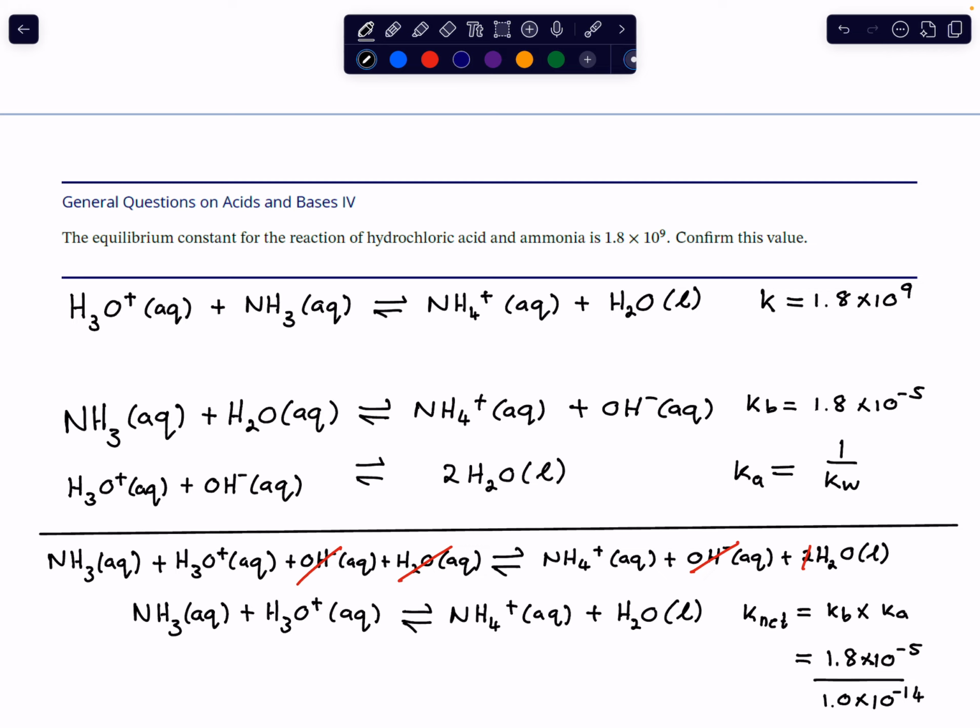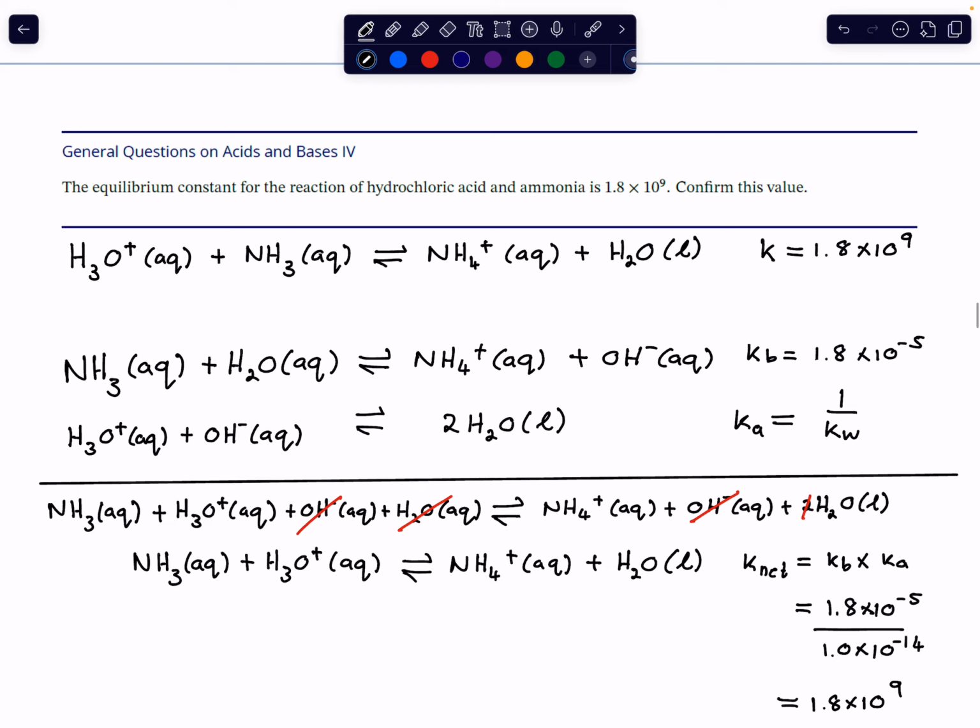So the point here was essentially to show you that you can determine the K value for acid-base reactions using Ka, Kb, and Kw for different reactions, just by manipulating and writing them, trying to sum them to get the reaction that you are after. So that's an interesting exercise for you to perhaps try, to determine whether or not a reaction is product forming.